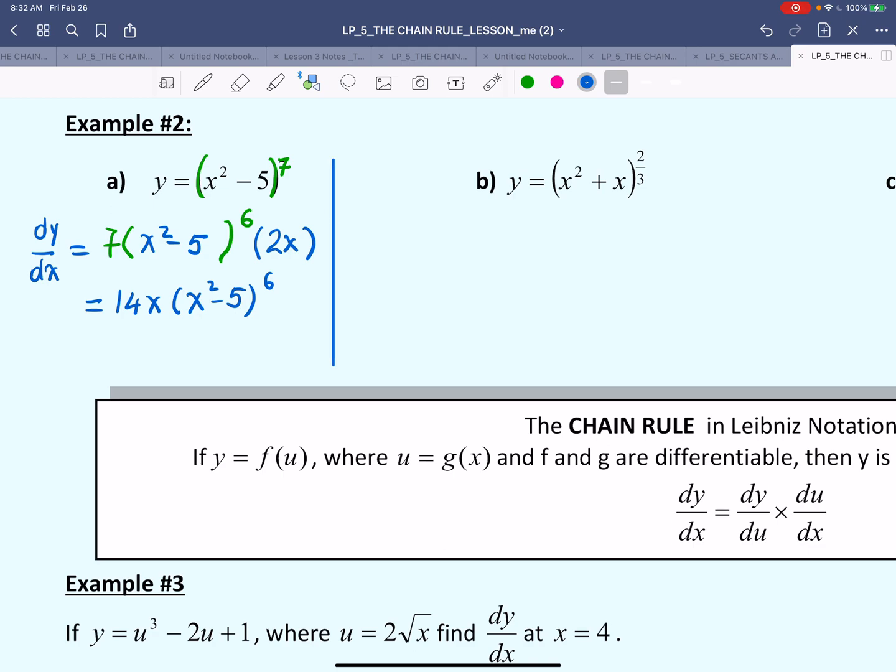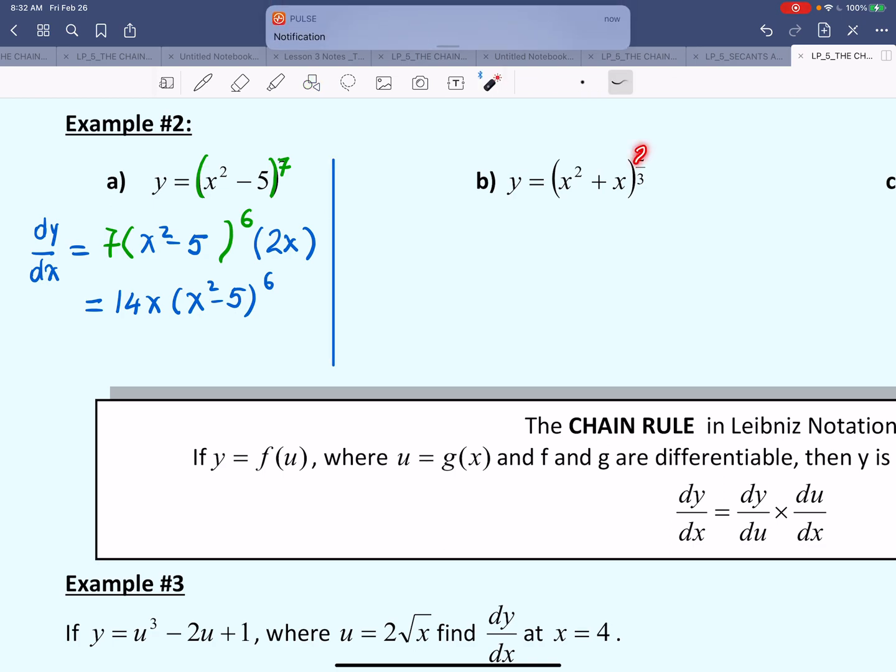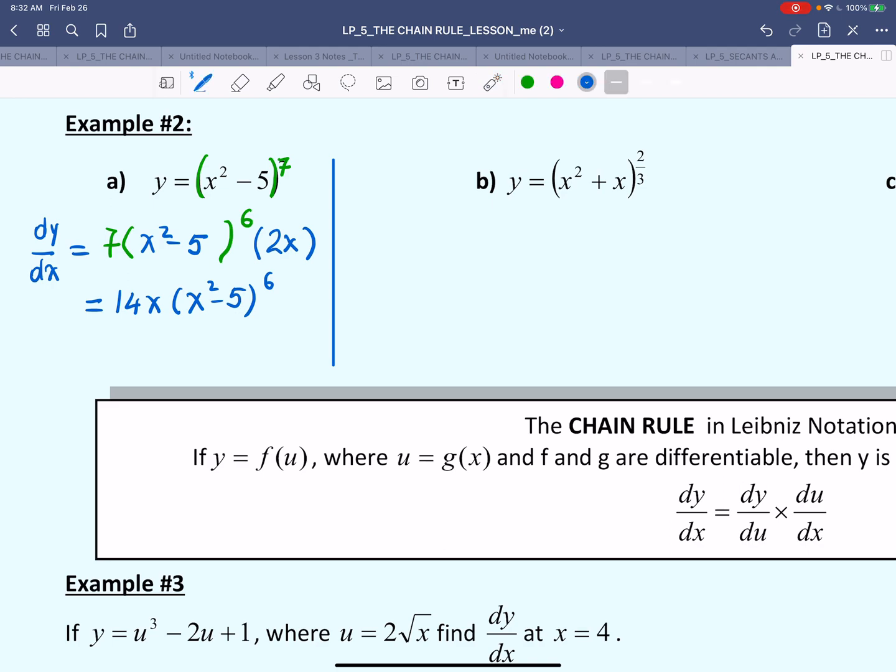In the next example, we have a rational power. So we'll say dy/dx. In principle, we do the same thing. Not too different from what we did in the previous example. So we'll apply the power rule to the outside function. So that is 2 over 3.